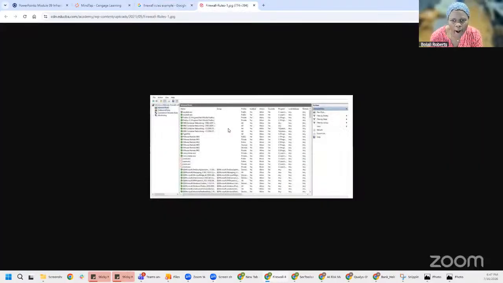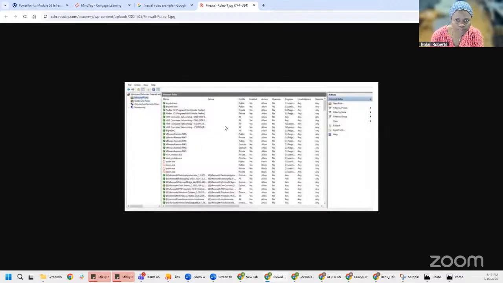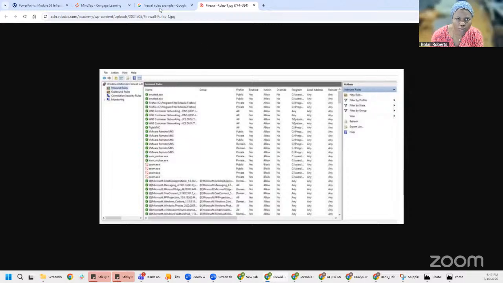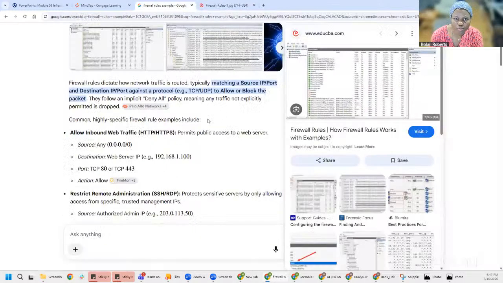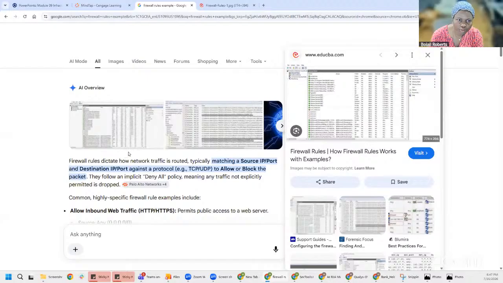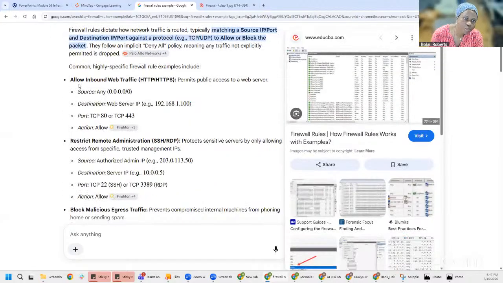Oh, this is a Windows firewall rule, right? Looking for an actual firewall. But let's use this.